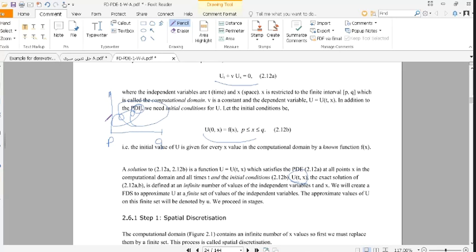This is the exact solution. But we are not looking for the exact solution in this course. We are going to look for an approximate or numerical solution for the PDE.